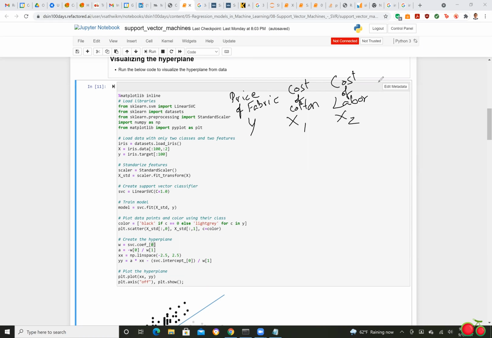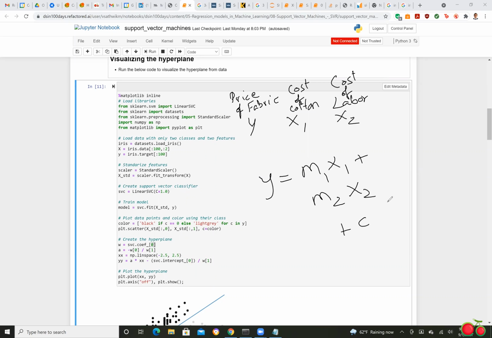Basically, someone is taking the cotton and stitching it into a fabric. So in this case, Y will be equal to M1 X1 plus M2 X2 plus C. It could be something like this, right?